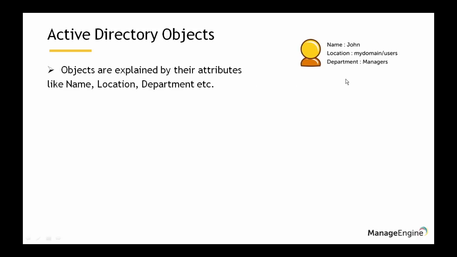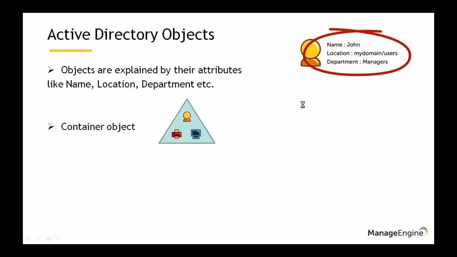For instance, if you have a user account John in Active Directory, the user object John is defined by a certain set of attributes. All these attributes together form the definition for the object in Active Directory.